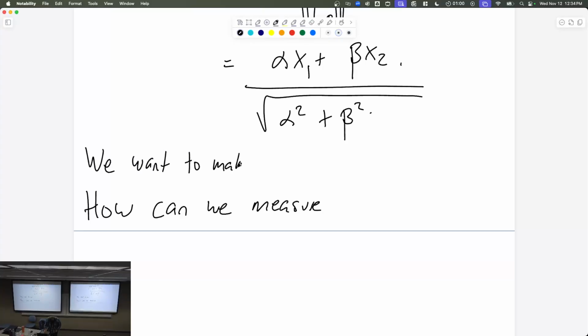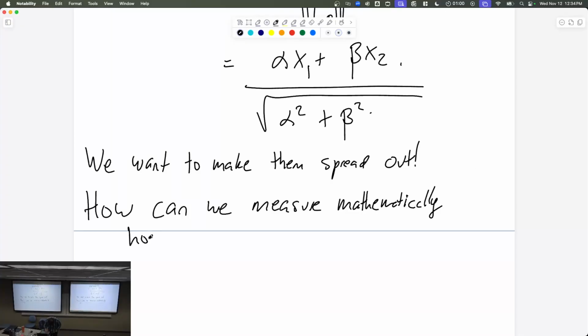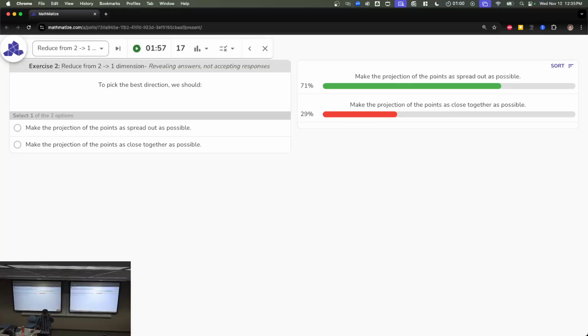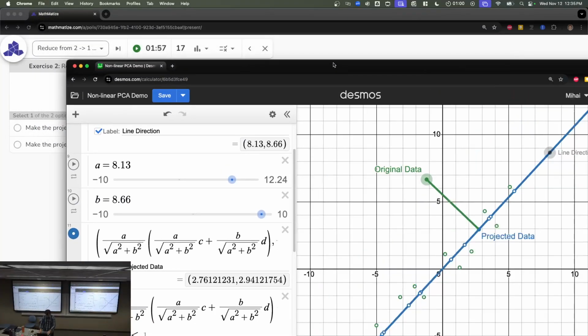How can we measure mathematically how spread out they are? So what operation could you do with these values that we have over here in our nice picture to measure how spread out they are?